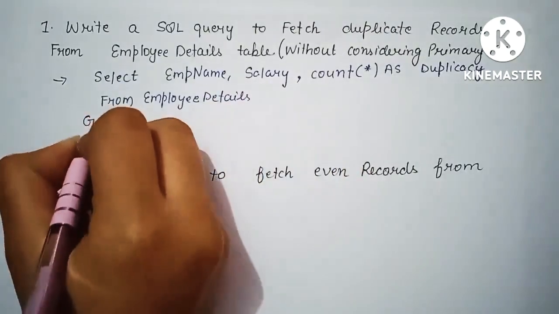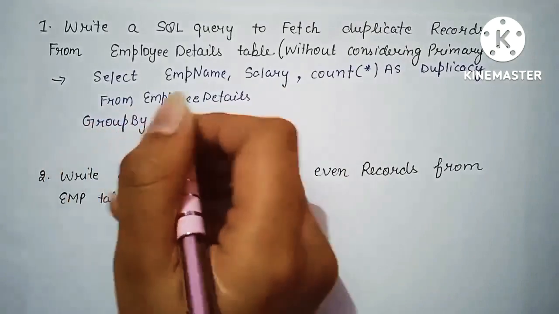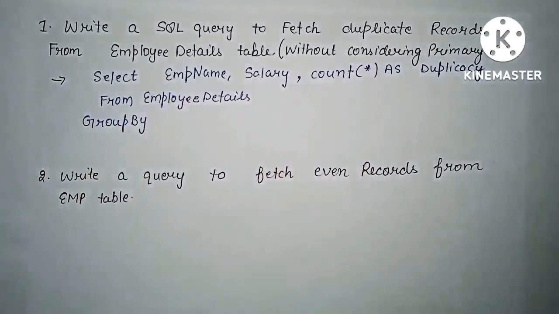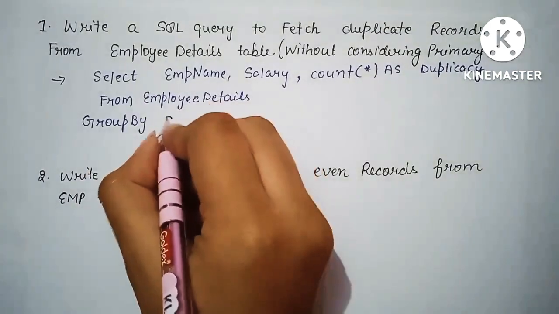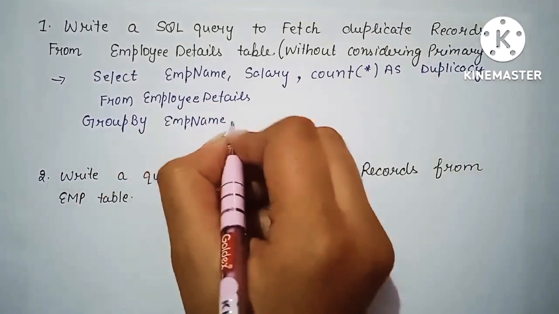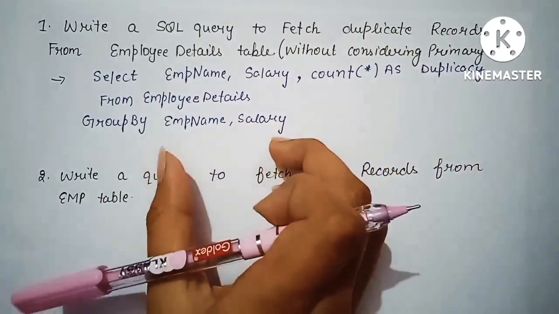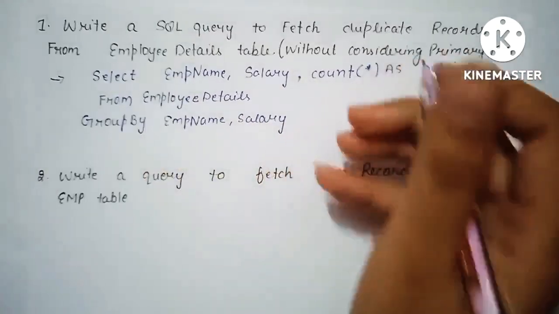Here we are going to group by employee name and salary. So on the basis of emp name and salary we will count the occurrences of that record.